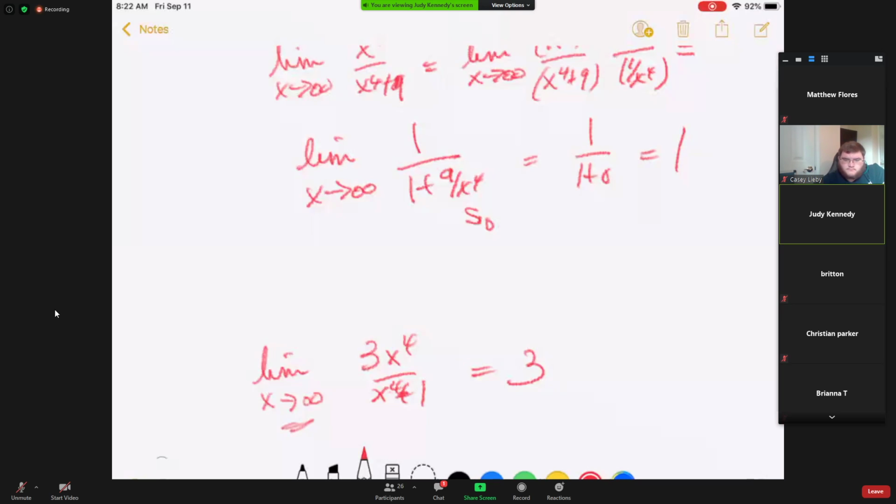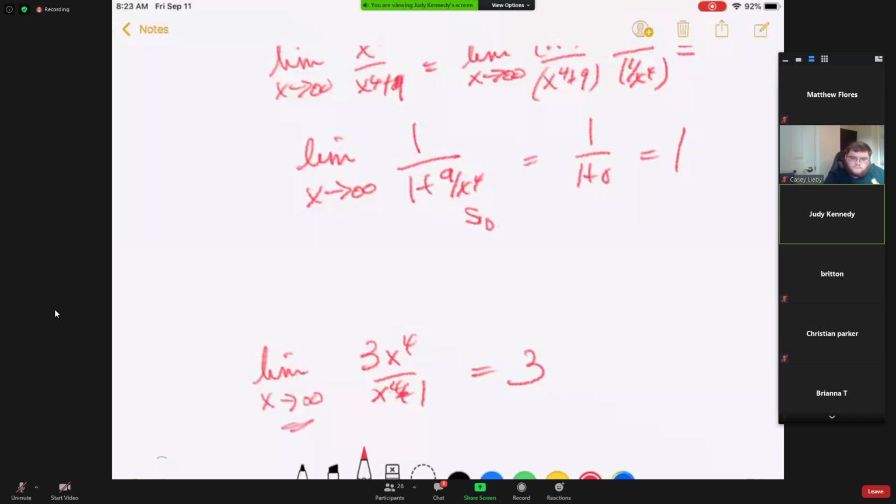If the degree of the numerator is less than the degree of the denominator, then you're going to get a limit of 0, because the denominator is getting big a lot faster than the numerator is.